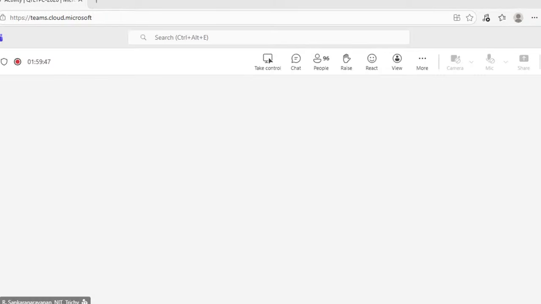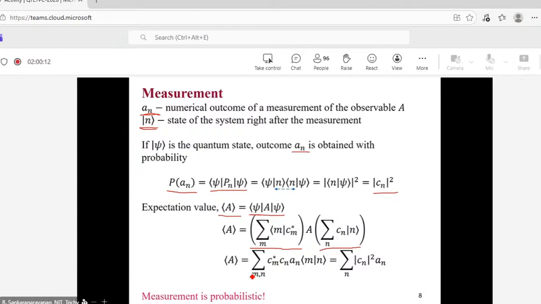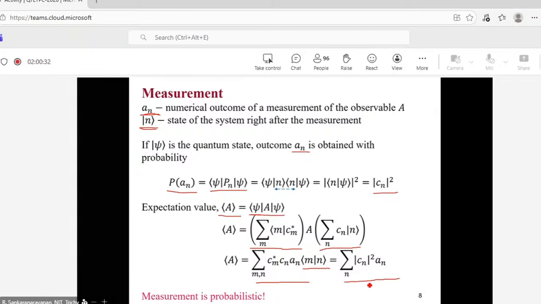I'm just putting a different index m here and n there. So there are two summations here, which can be written as sum over m, n, Cm star Cn an <m|n>. Since <m|n> is nothing but the Kronecker delta mn, this double summation reduces to a single summation, sum over n, |Cn|^2 an.